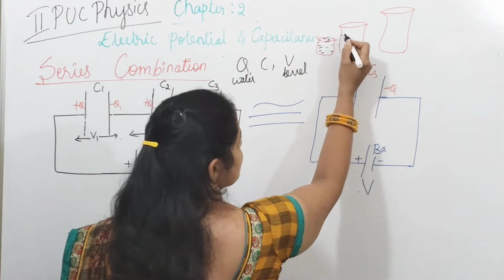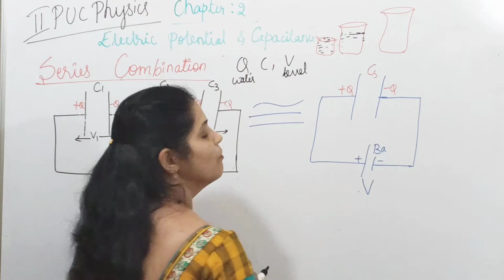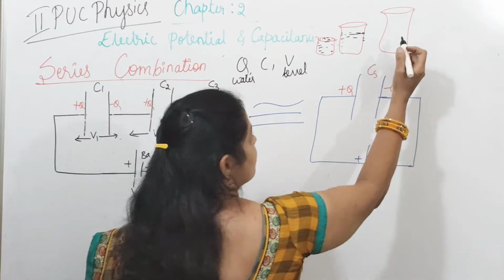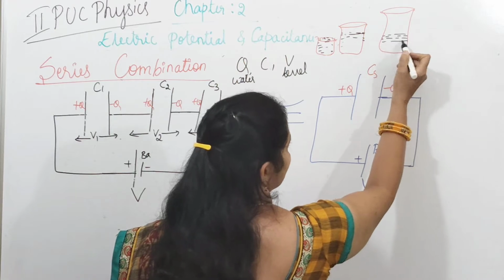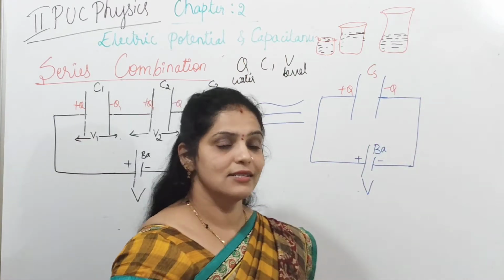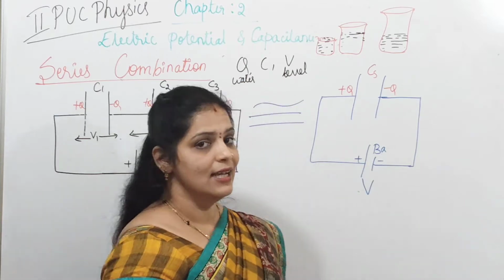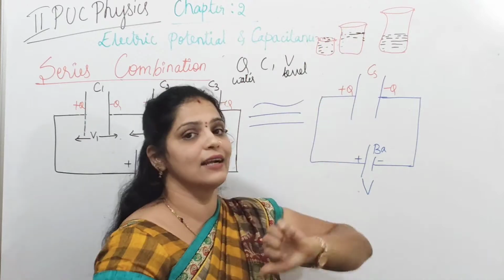Here almost 3/4 of the beaker will be filled by this water, whereas here almost half or less than half. That means depending on its capacity, the level of the water will be different in these different beakers.